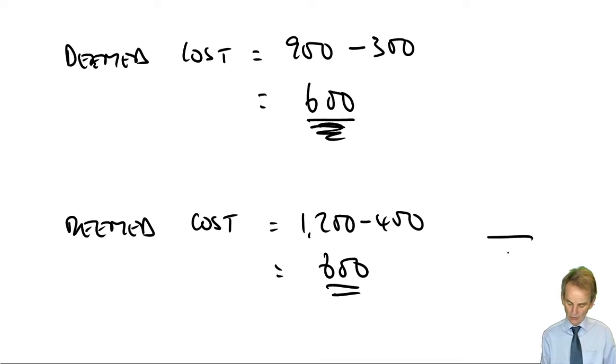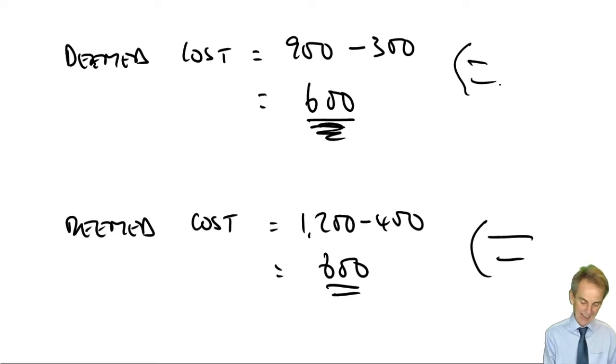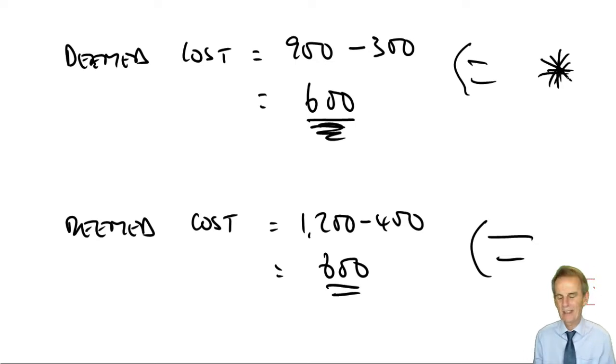So whether it is full rollover or now partial rollover, I have to say that this one, the partial rollover, because there's more work to do, is by far the more likely scenario for a 2-mark objective testing question. Whether it's full or partial, you take the gain eligible for rollover relief and you deduct it from the cost of the newly acquired asset. That therefore in turn reduces that cost.